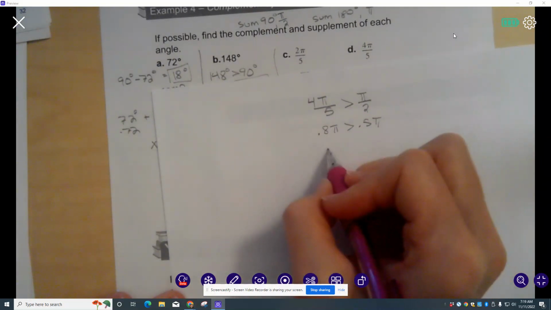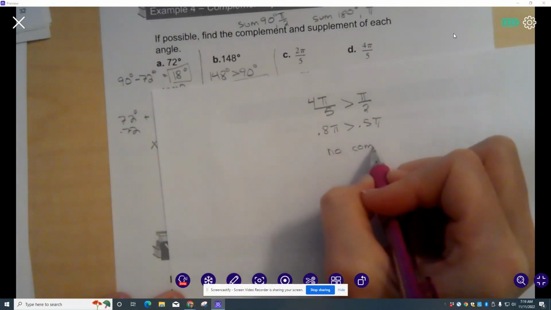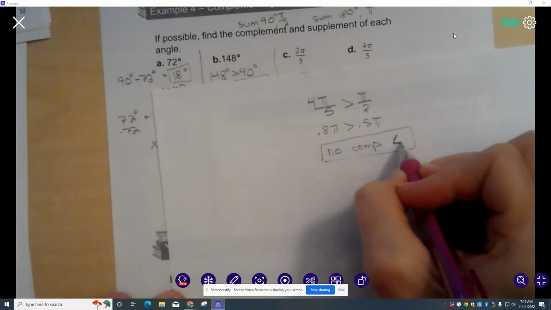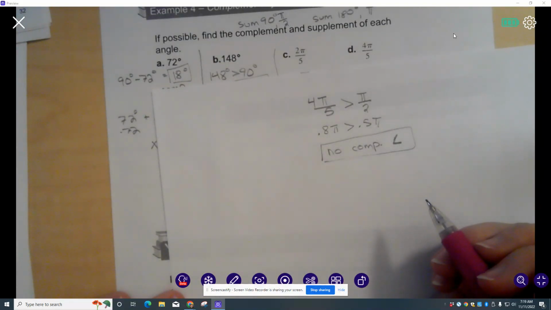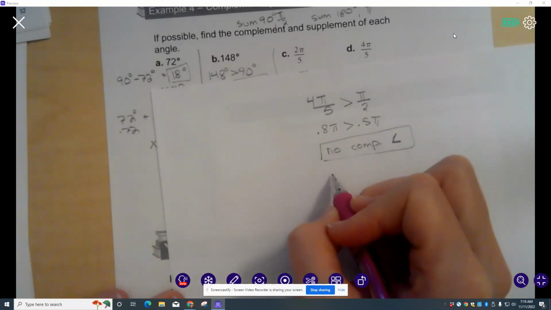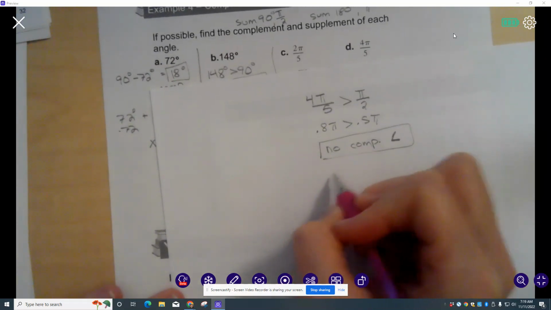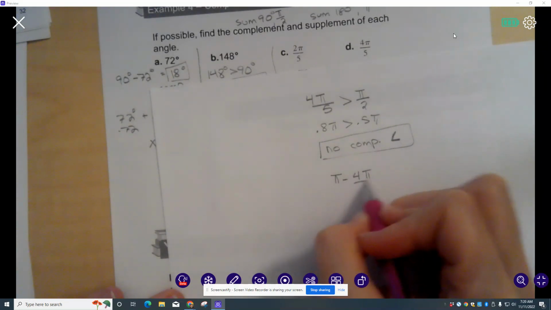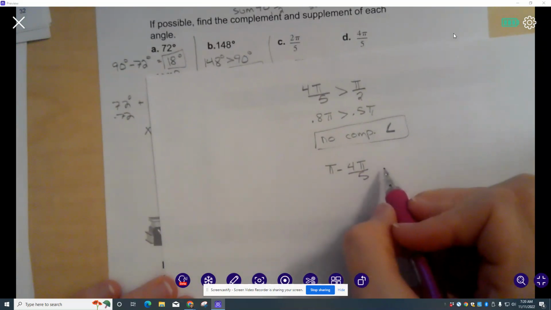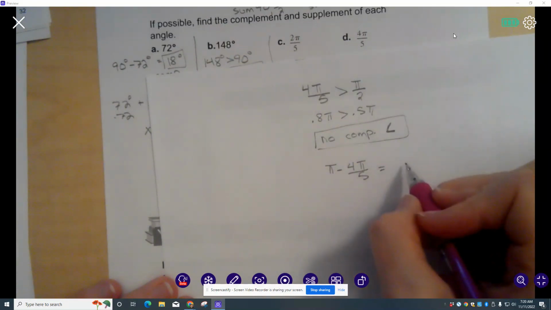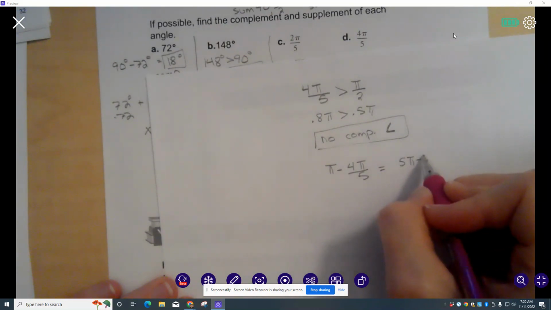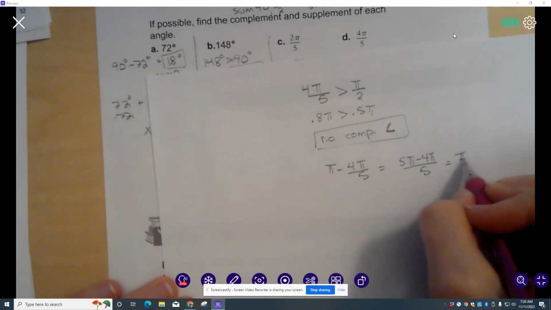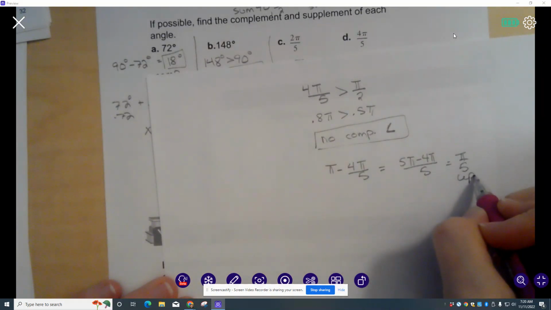So this would have no complementary angle. Supplementary, I want to do 180 or pi minus 4 pi over 5. Get a common denominator, that would be 5 pi minus 4 pi over 5, or pi over 5 is my supplementary angle.